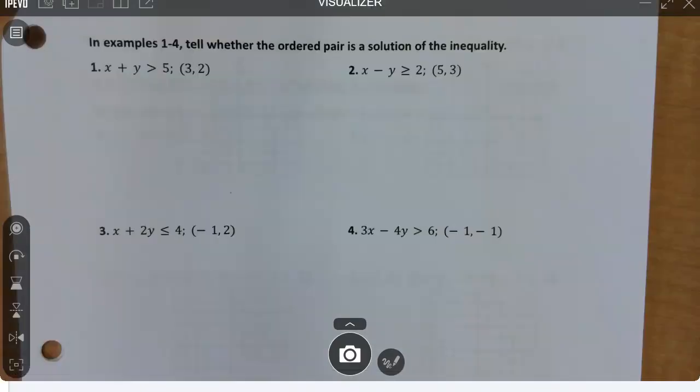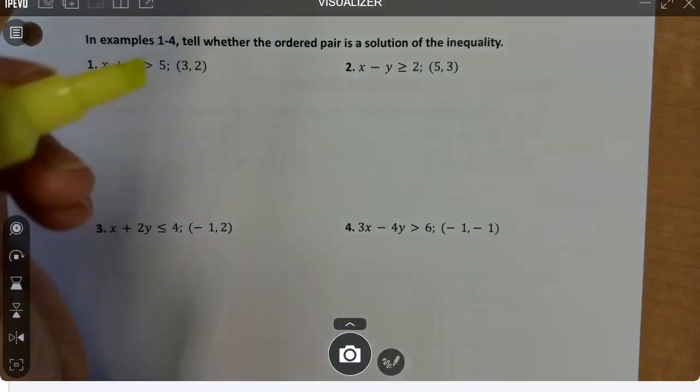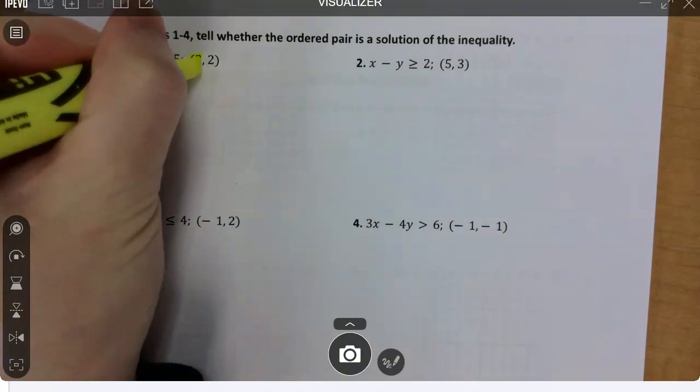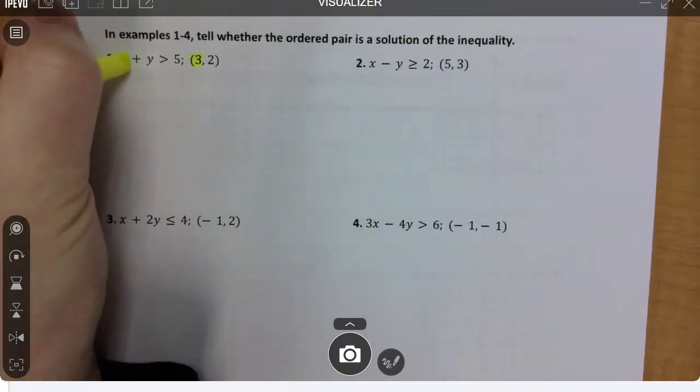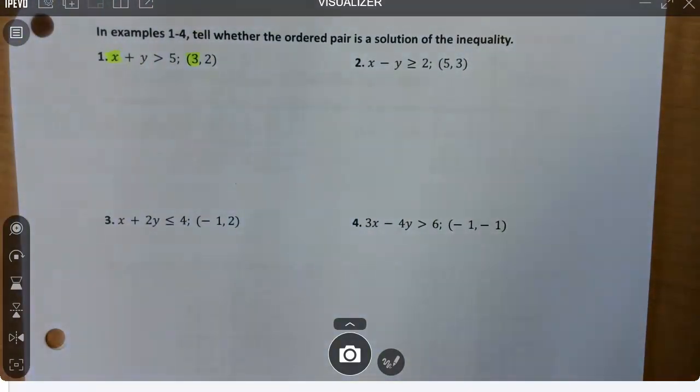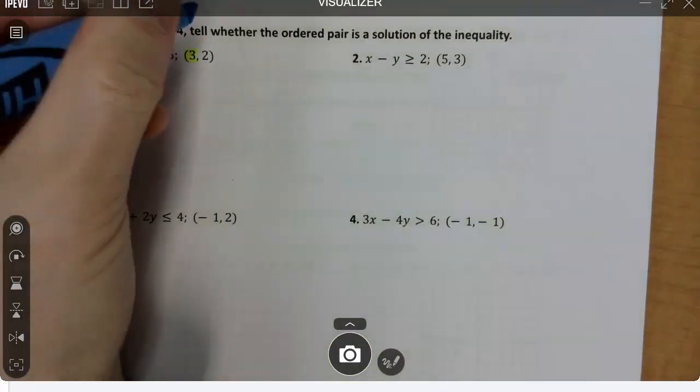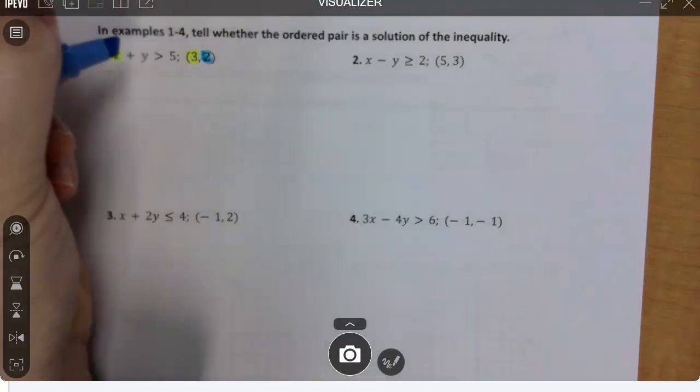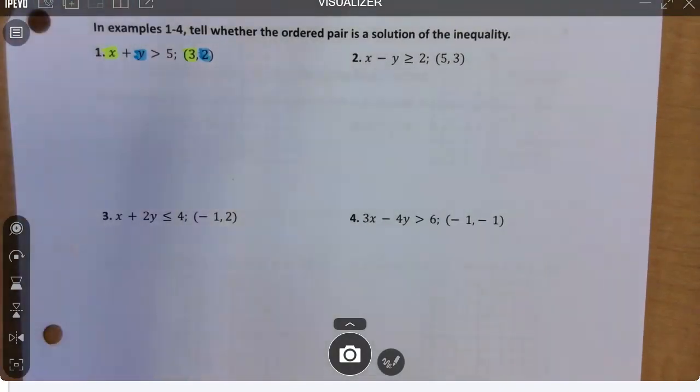All right, the next thing we're going to look at are the example questions. And we start with questions where all we're doing is plugging in the x and y value and seeing if they work. So remember, our first number is the x, and our second number is always the y. And all I'm going to do is plug in those numbers and see if they make my inequality true.